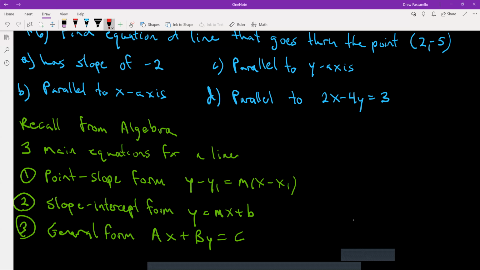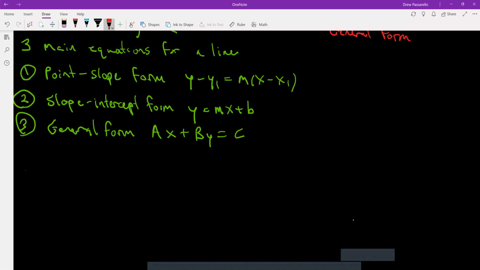I will say that this right here is an example of general form. All right, so for this question, I'll show how to put in point slope form and then slope intercept form.